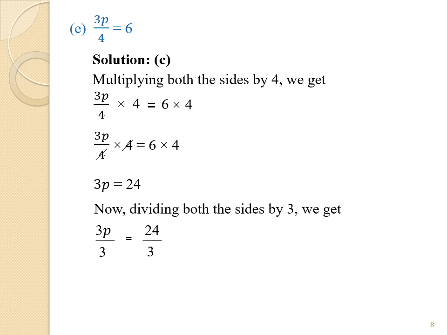Cutting common 3 and dividing 24 by 3, we get 8. So, p equals to 8 is the solution of 3p upon 4 equals to 6.